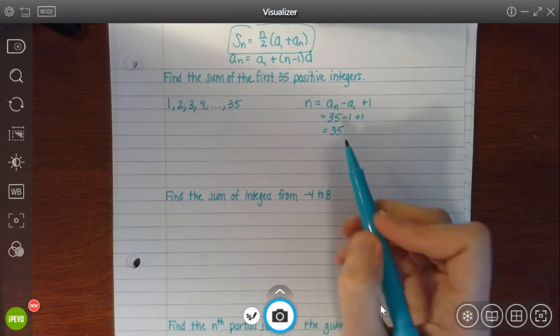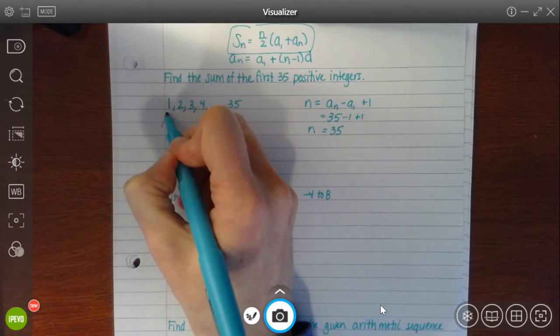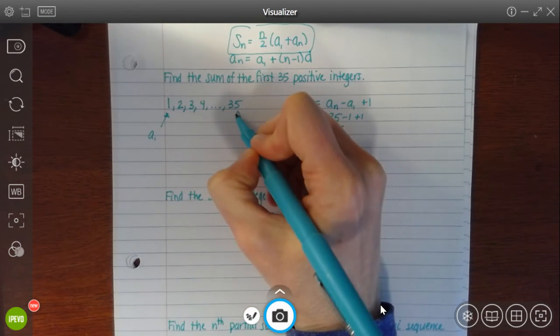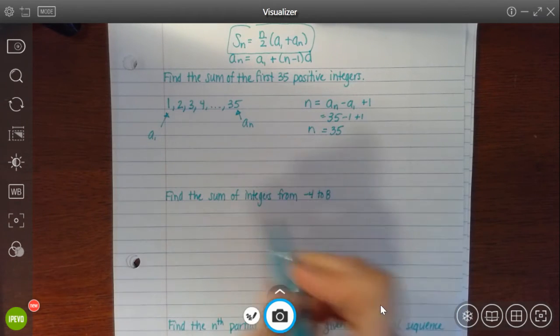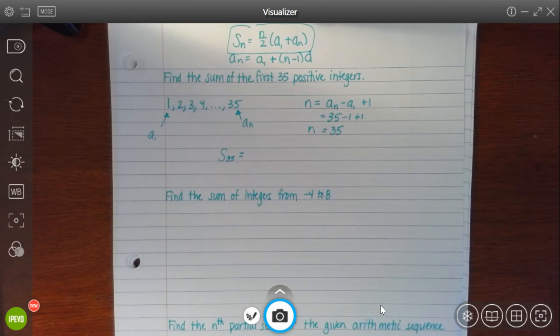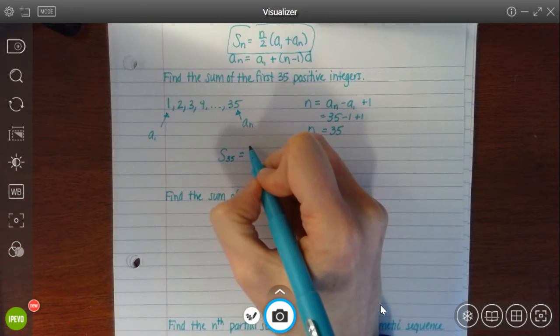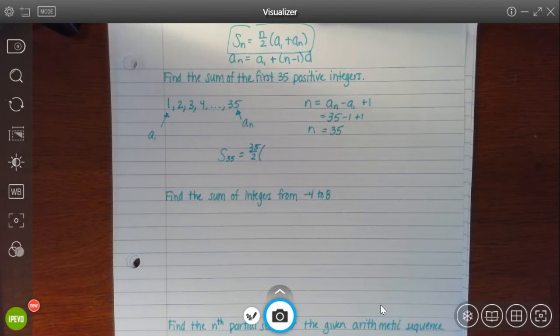So now that I know what my n is, and I know what a sub 1 is, that was my first term, and I know what a sub n is, that's my last term, I'm ready to go ahead and drop those numbers into the formula and solve. So for this problem right here, we know n is 35, so we're finding the sum of the first 35 positive integers. And so we're going to take 35 divided by 2, and then in parentheses put a sub 1 plus a sub n.